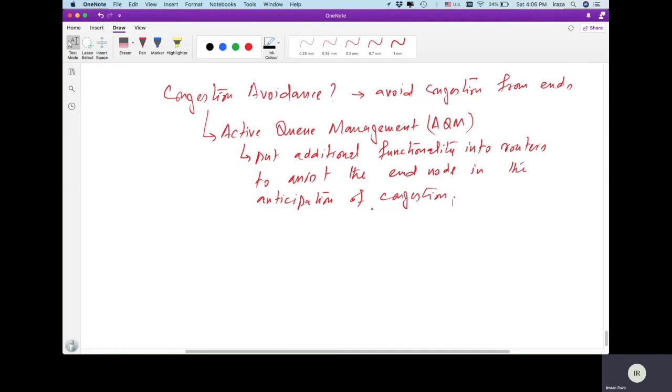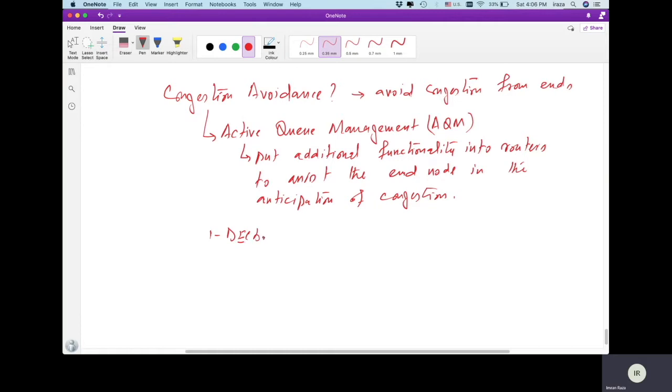Yes, the end machines avoid congestion, and if a congestion happens, we will be able to identify it when a packet has dropped or a timeout has occurred. So rather than waiting for a packet to be dropped or receiving a triple duplicate acknowledgement, why not assist end machines in the anticipation of congestion? There are different active queue management techniques, algorithms, that we can discuss.